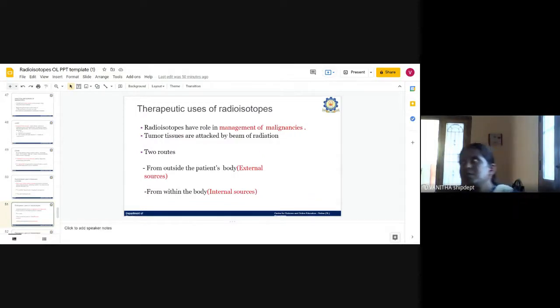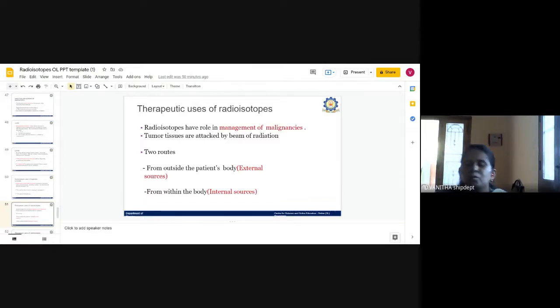Here are the therapeutic uses of radioisotopes. Radioisotopes have a role in the management of malignancies. Tumor cells are attacked by beams of radiation.